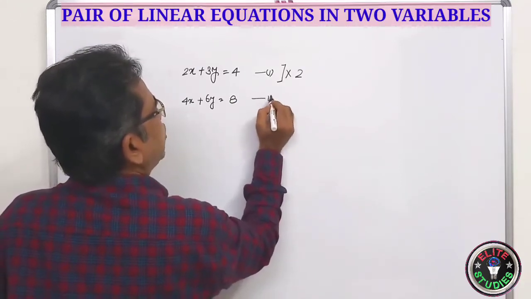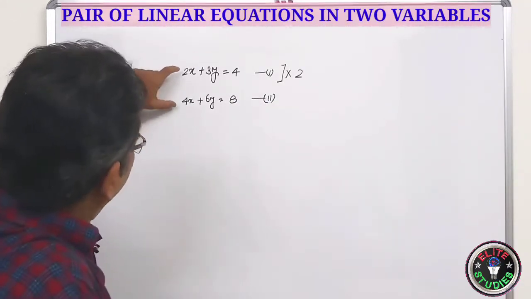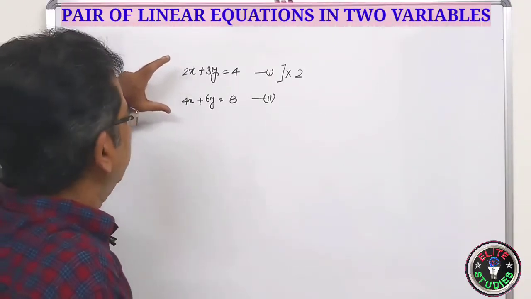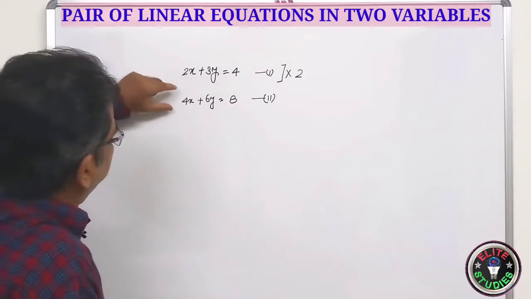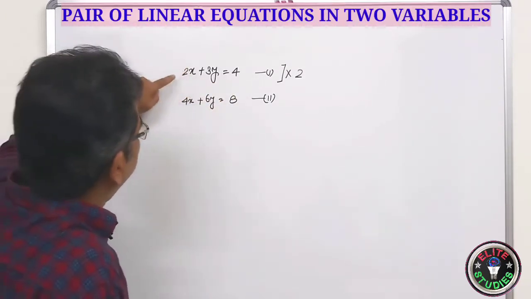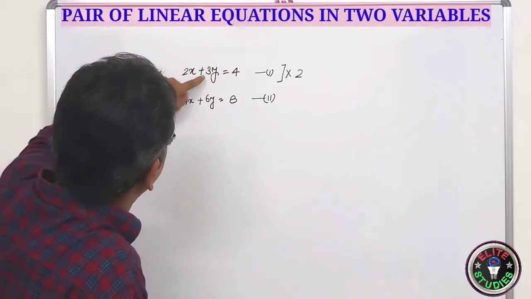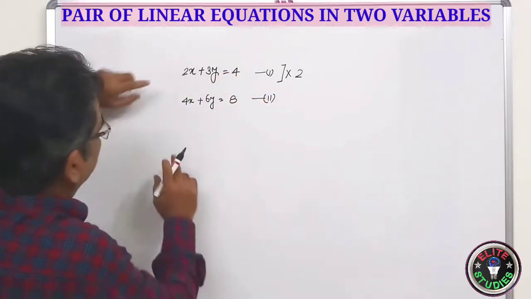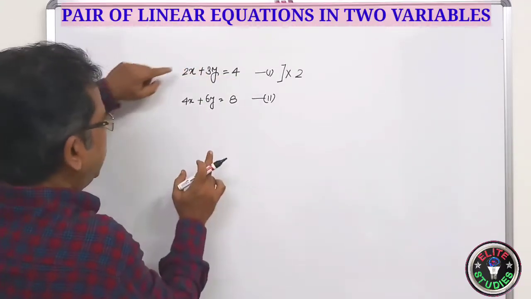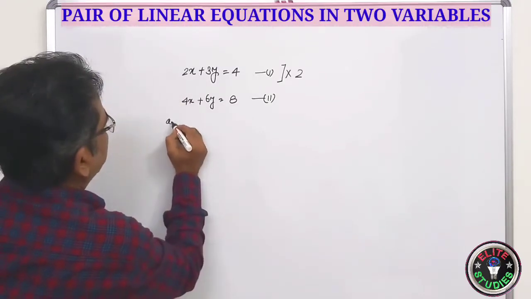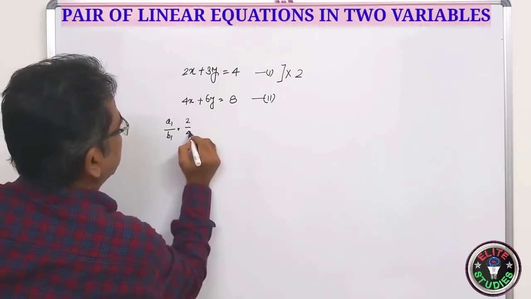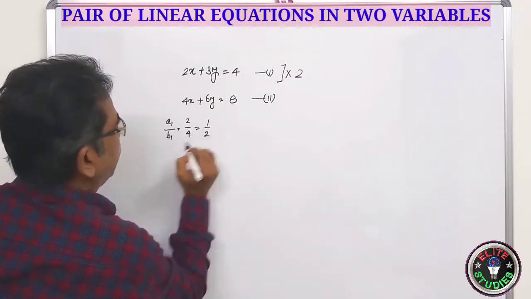Now, if you mark this as equation 2, and look at these two equations, what type of equations are they? Here we have derived this equation from this equation by multiplying the coefficients by 2. If this is a1, b1, c1, a2, b2 and c2, you see a1 by a2 is equal to 2 by 4, so it is equal to 1 by 2.